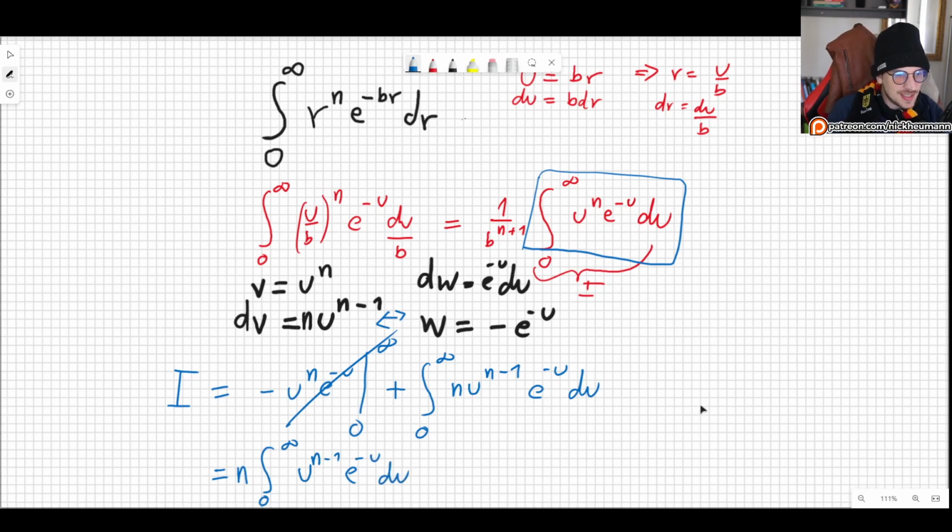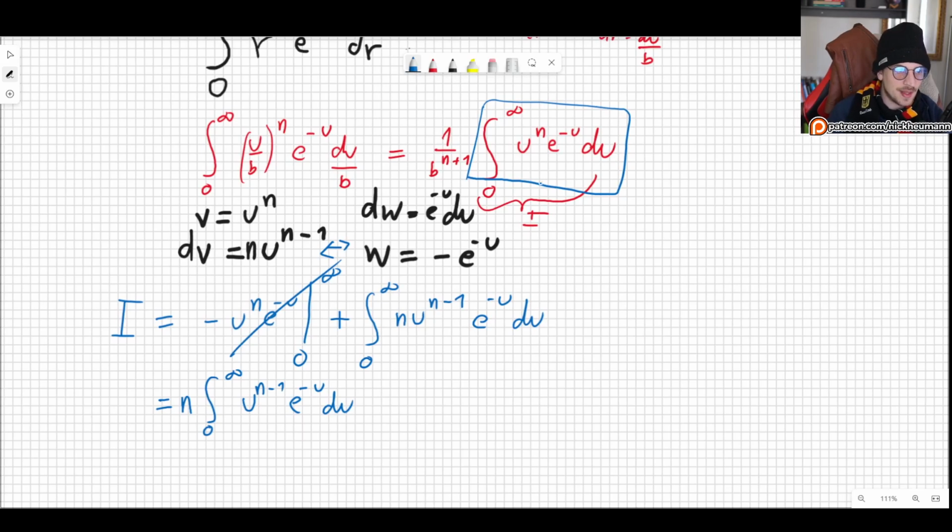And you can see now that it is exactly the same that we had up here, except that now instead of having u to the n, we have u to the n minus 1. Okay? And if we now do integration by parts again, since it's exactly the same integral, all we did in the end was take this number n, put it in front of the integral, and then just reduce it, right?